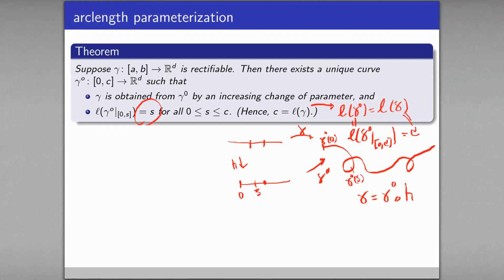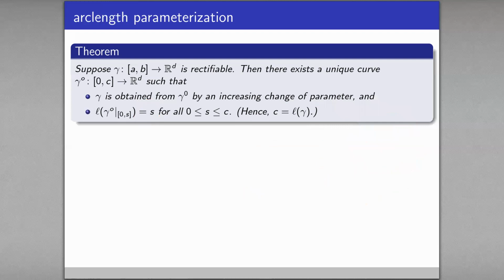It will be some other point there, but the point is that the amount that gamma 0 has traveled is exactly equal to s. From 0 to s, gamma 0 travels s feet, and for all s. And that is why it's called the arc length parameterization. And that's why we switched from t to s. So it's not based on time, it's based on the distance traveled on the arc length.